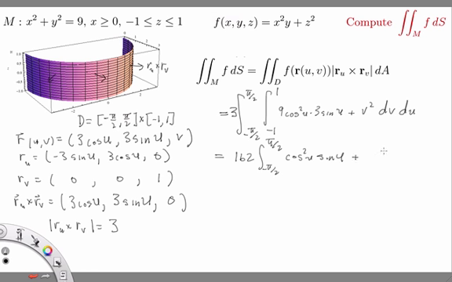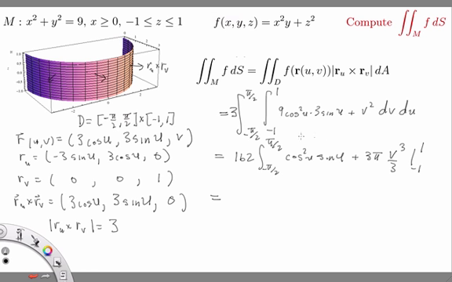And then plus, here this is constant with respect to u, so I'm going to get the length of this interval times the integral of v squared with respect to v. So the length of the interval is pi, so I get 3 pi times v cubed over 3 evaluated from negative 1 to 1.